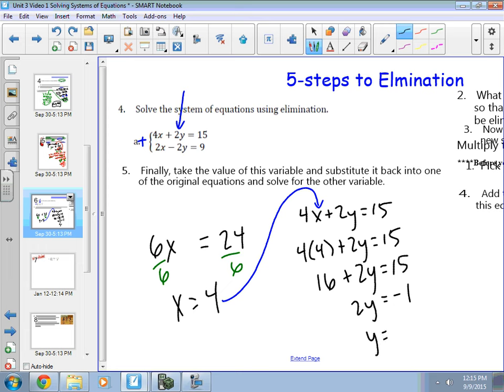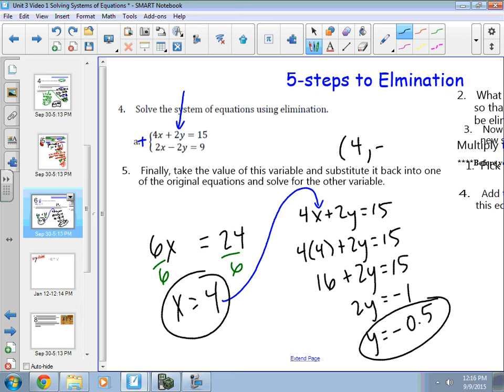And it looks like y here is going to equal negative 0.5 or negative 1/2. So that's y, that's x. And again, you could list it as an ordered pair, 4, negative 0.5. That would also be an acceptable way to do it.